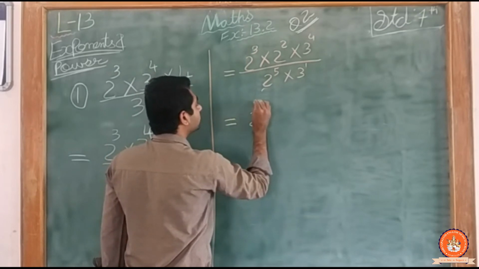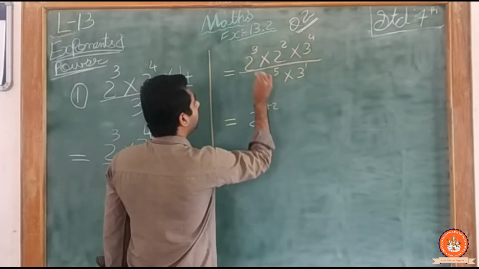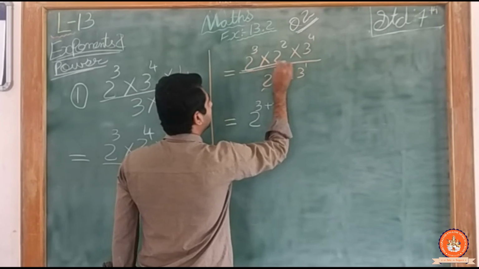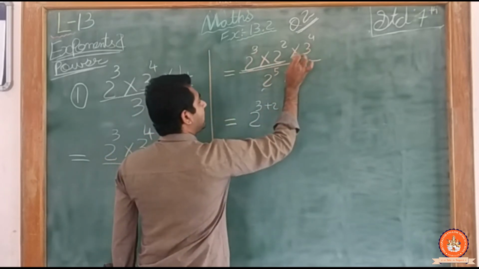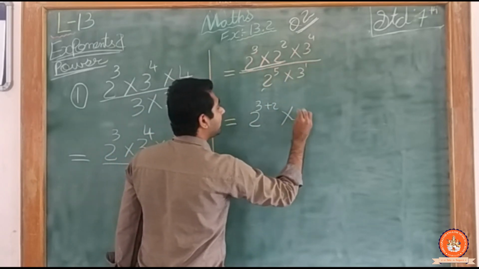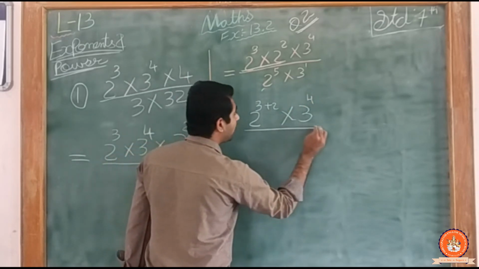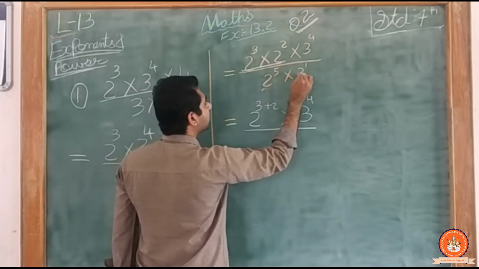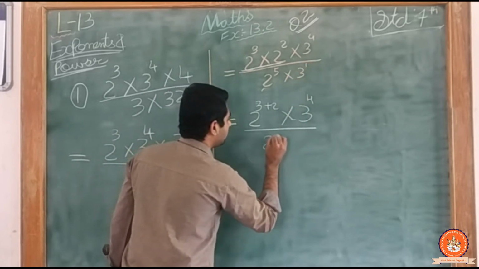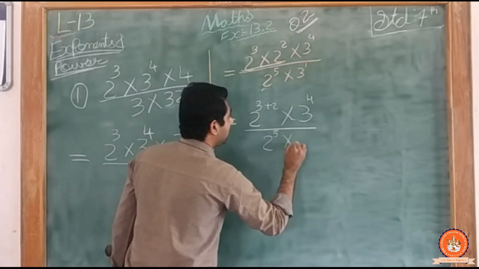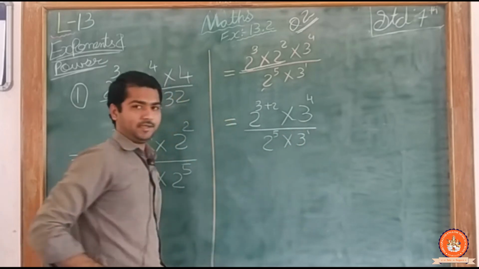So 2 raised to 3 plus 2. Only these two terms I will apply the formula to, and I will write this one as it is, multiplying 3 raised to 4. Divided by 2 raised to 5 multiplied by 3 raised to 1, as it is.